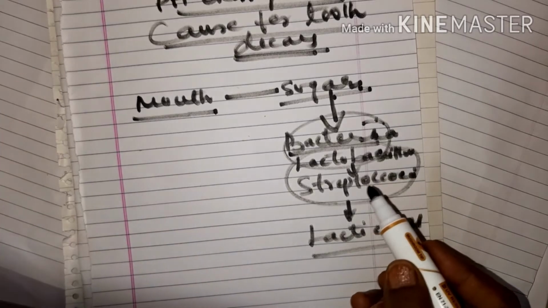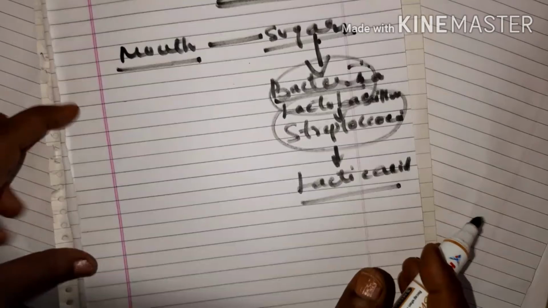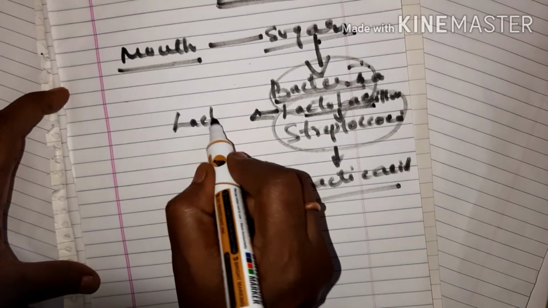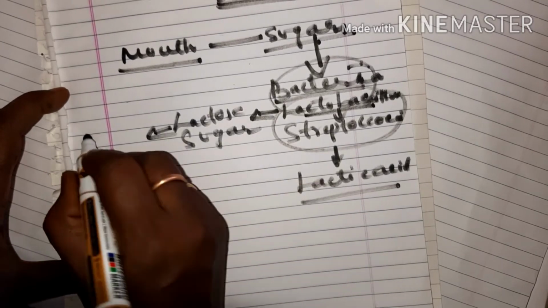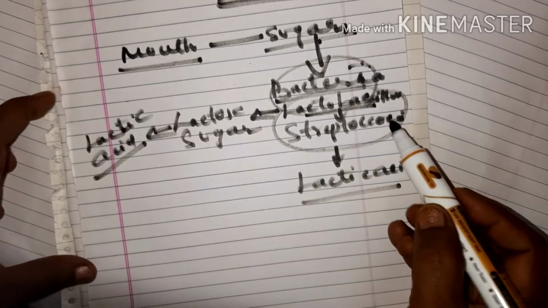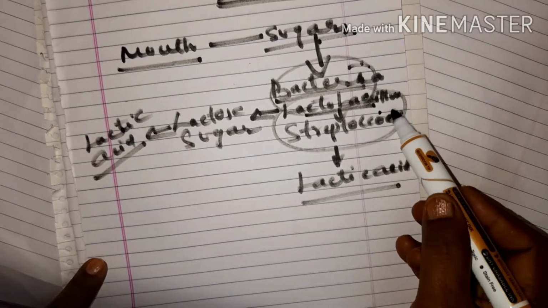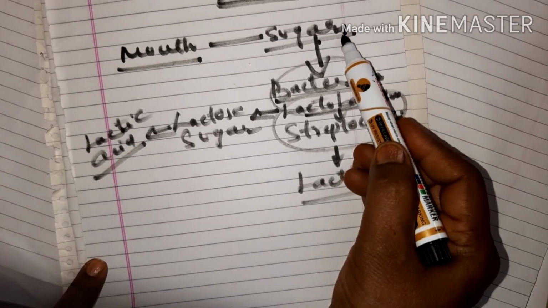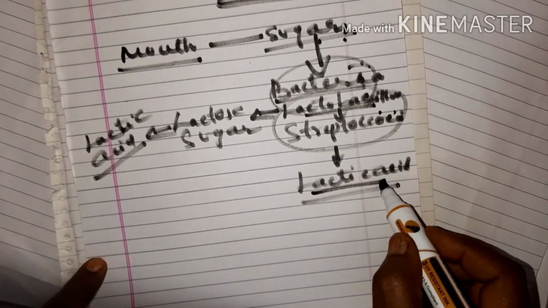As you know, milk turns into curds: the lactobacillus acts upon lactose sugar present in the milk and converts it into lactic acid. The same process happens in the mouth also, children. The lactobacillus found in the mouth acts upon the sugar and converts it into lactic acid.